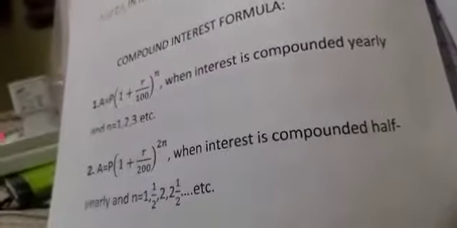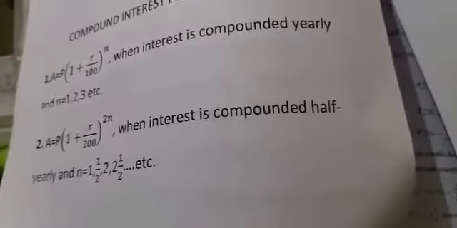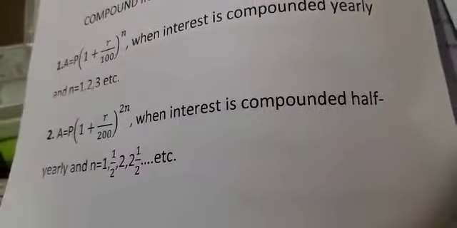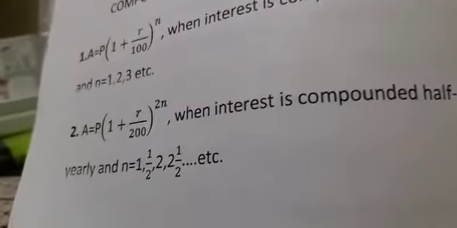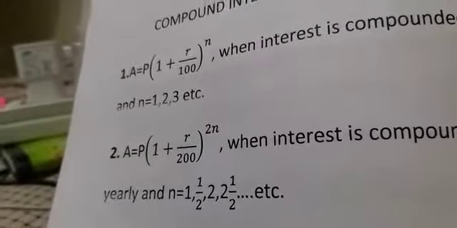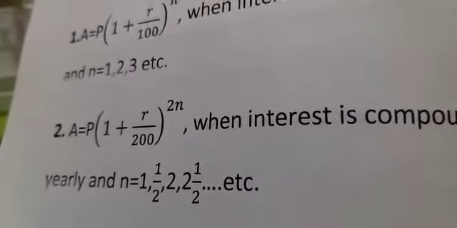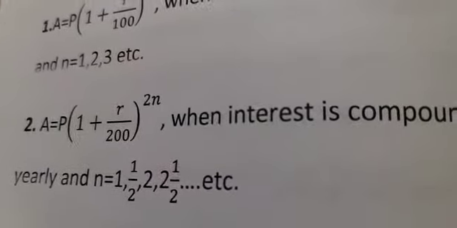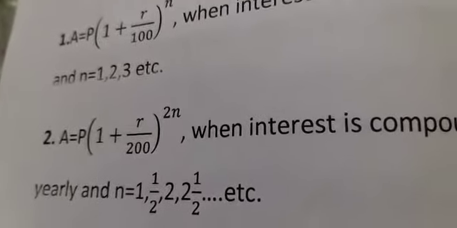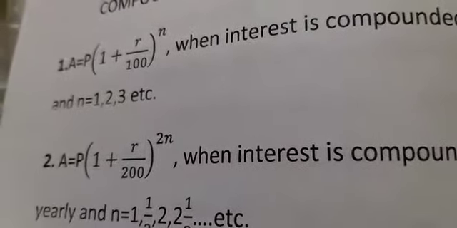In some cases you will see that the interest is compounded half yearly. In that case, to calculate the amount, we use the formula A is equal to P into 1 plus R by 200 to the power 2n.